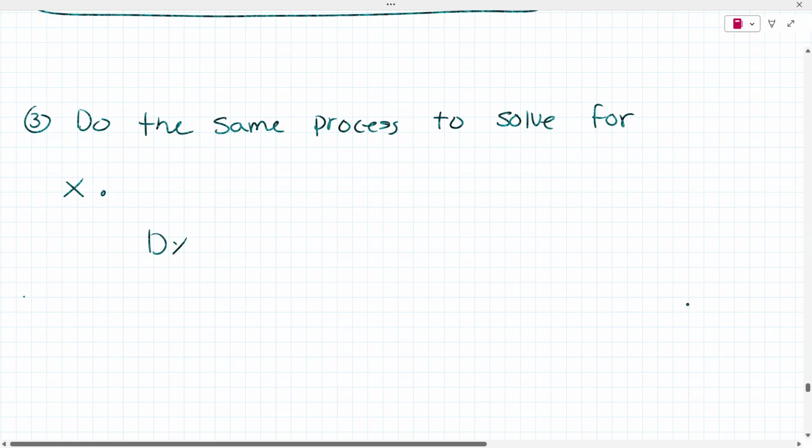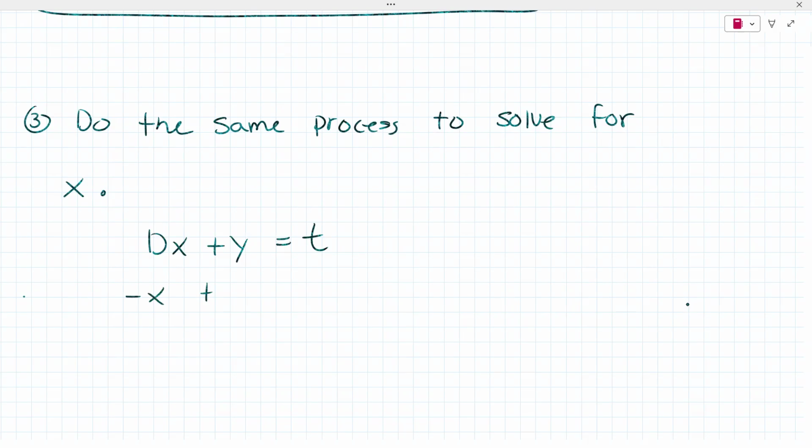It was dx plus y equals t, and then we had negative x plus dy equals negative t. So what I would do is multiply the top equation by d and multiply the second equation by negative 1. That will get rid of your y's because we want to solve for x.